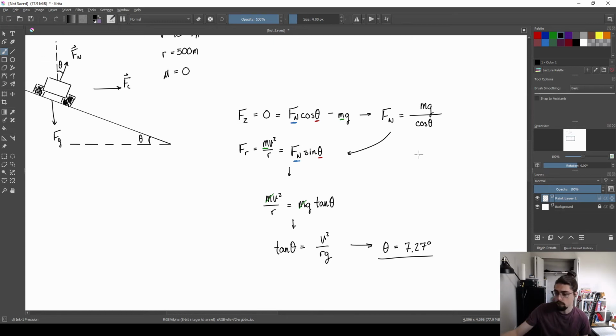But, you know, it's not anything crazy like what you see in NASCAR. Tangent of theta came from the fact that if we're looking at this step right here, this becomes mg sine over cosine. So just combine that into one thing so we can actually solve it.